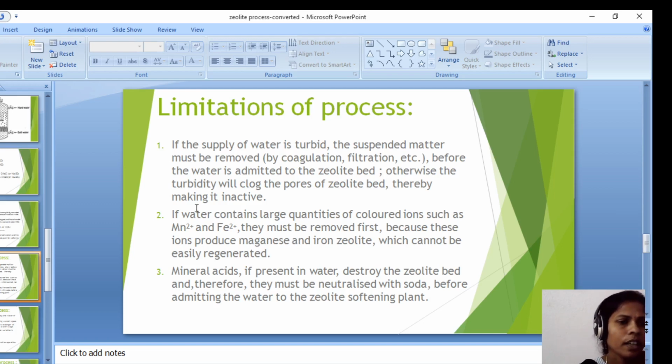So when the water sample has color impurities like manganese and iron, initially we need to remove them, because they form manganese zeolite and iron zeolite, which cannot be regenerated easily. Mineral acids, if present in water, destroy the zeolite bed, and therefore they must be neutralized with soda before admitting the water to the zeolite softening plant.